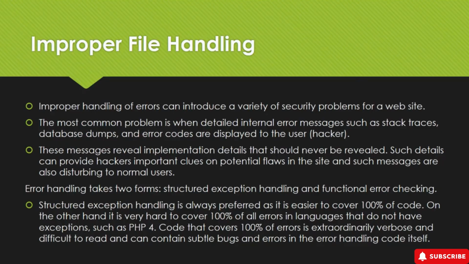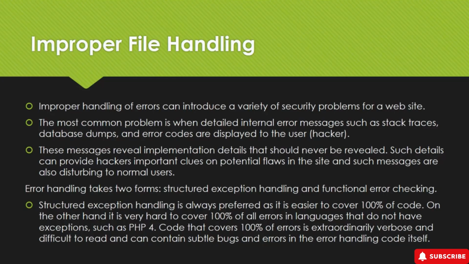These messages reveal implementation details that should never be revealed. Such details can provide hackers important clues on potential flaws in the site, and such messages are also disturbing to normal users. For example, if a hacker is trying to inject an SQL query in the website and somehow he gets to know about the database name, then he can extract data easily.